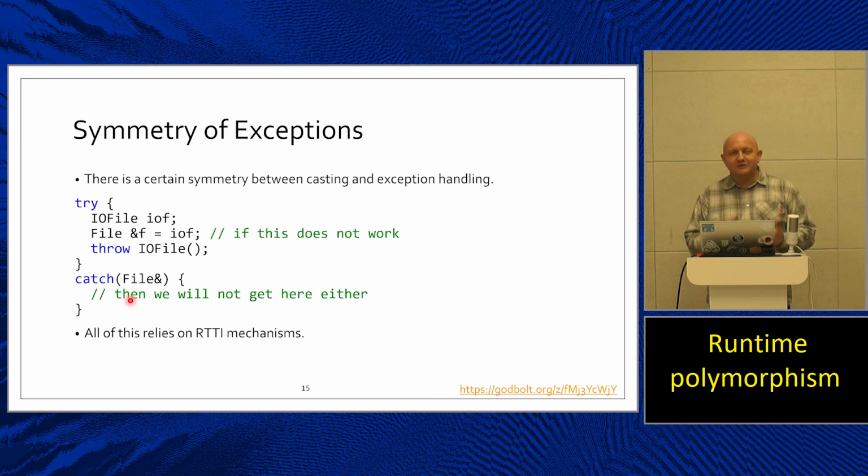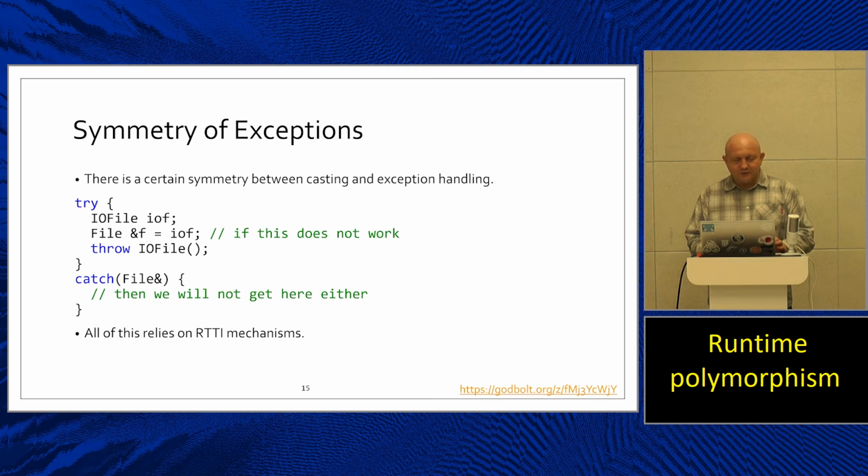Because exception matching relies on RTTI, and RTTI respects the same inheritance rules, including ambiguity. If the base is ambiguous, the runtime cannot decide which subobject to bind to, and the handler is skipped. That is why I call this the symmetry between casting and exception handling.